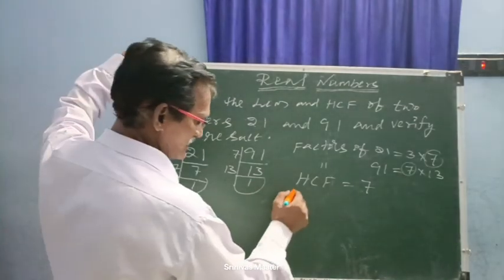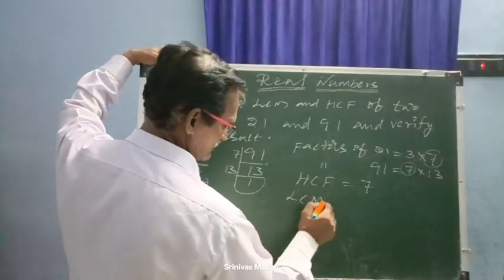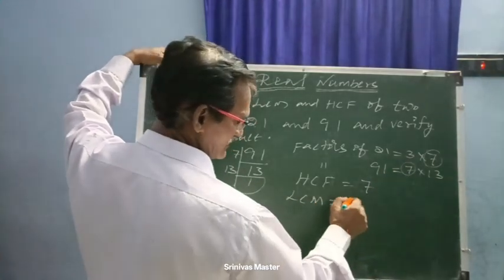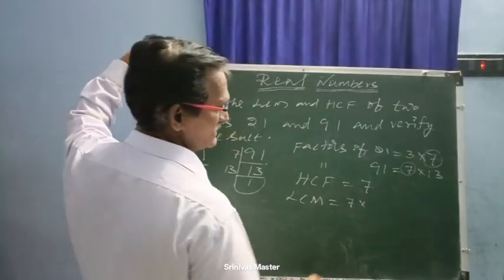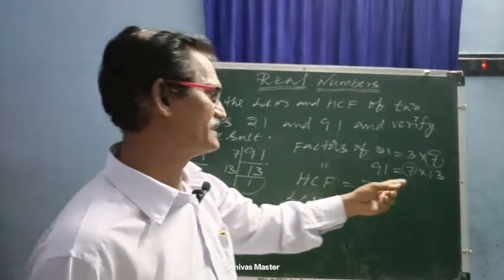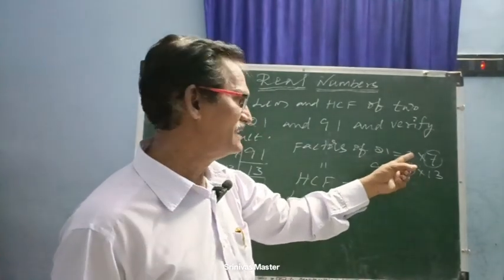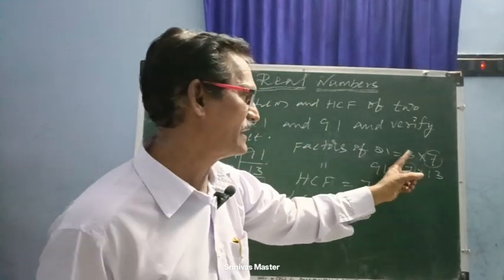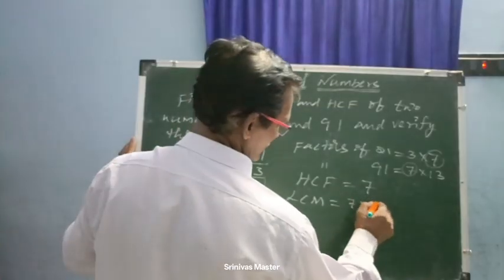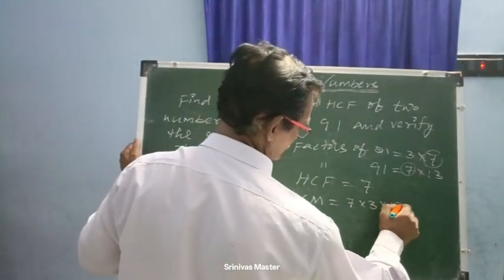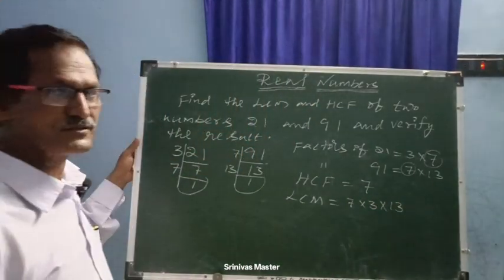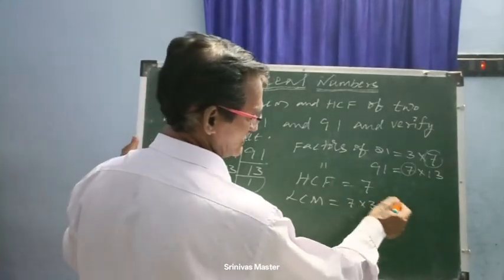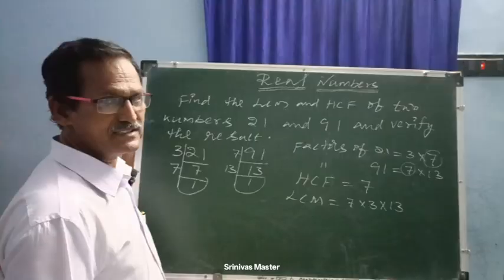Next you have to find the LCM. 7 is the common factor, and the other factors have no repetition. 3 is not repeating and 13 is also not repeating, so you can write 3 into 13. That means we multiply all of these, 7, 3 and 13, then you can get the LCM.